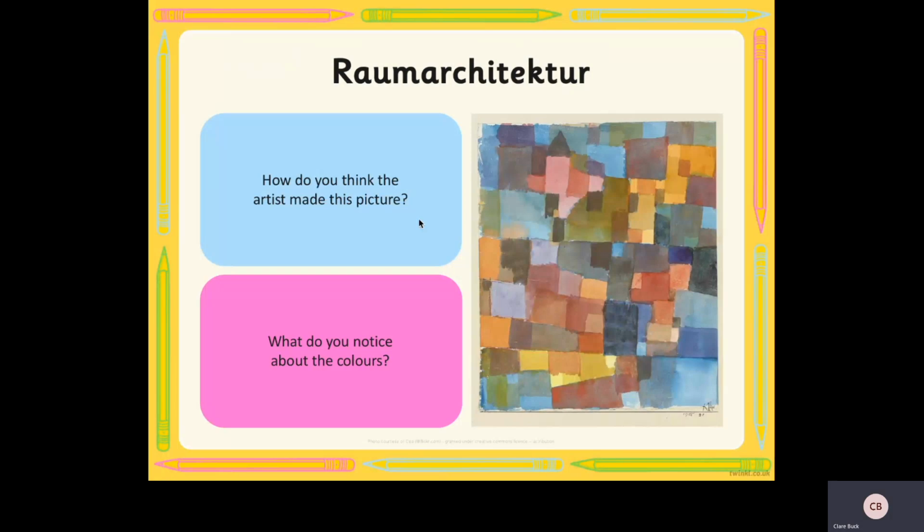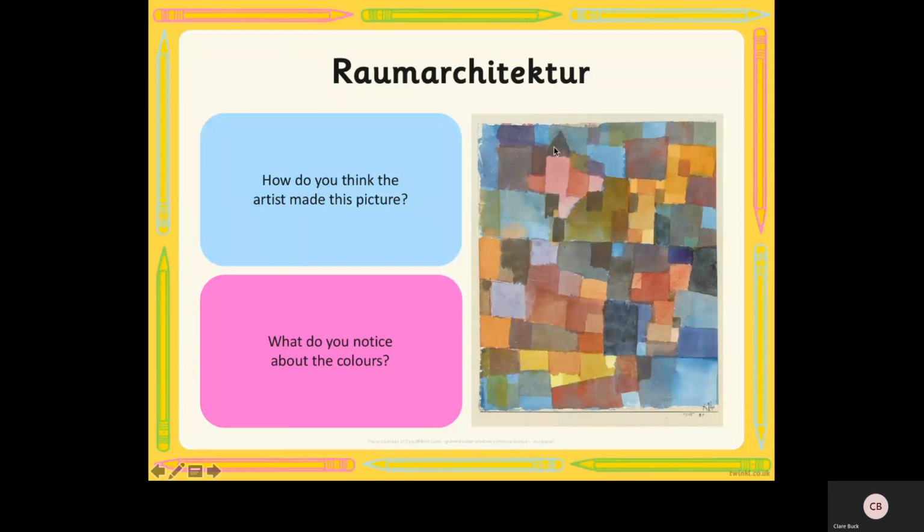Raumarchitektur, another one of his famous paintings. How do you think Klee made this picture? What do you notice about the colours? So yes, you may have said that he's used fairly bright colours, different shades of those bright colours, and he's used watercolour paint.